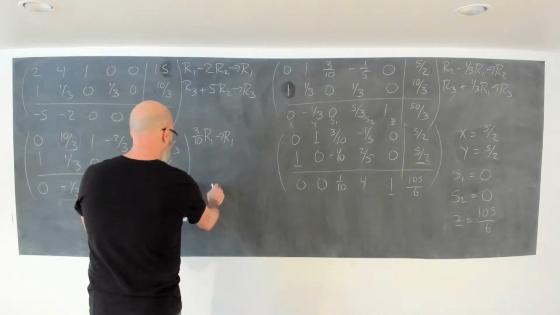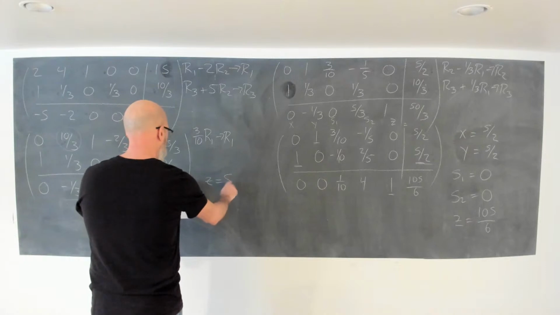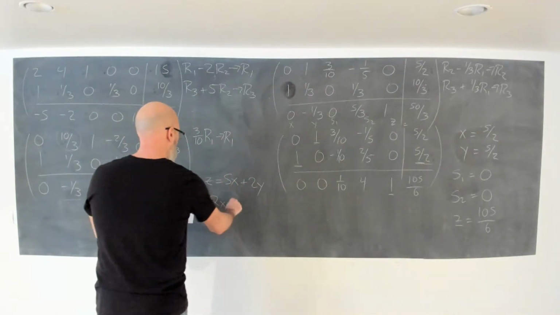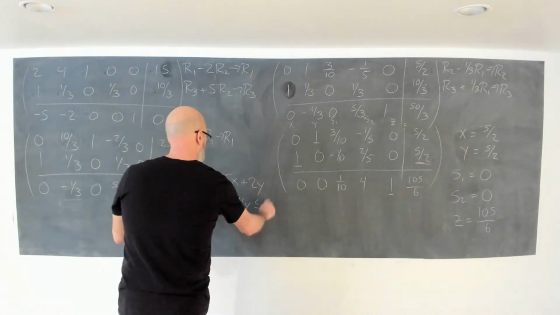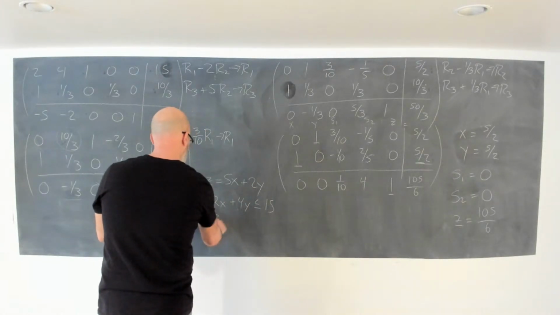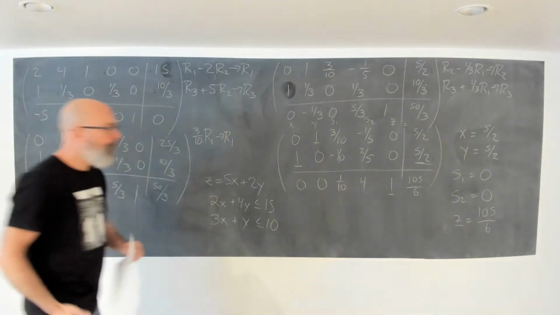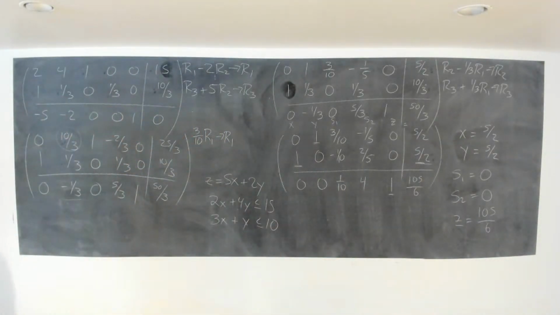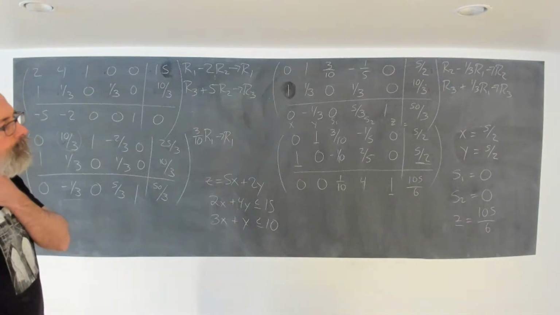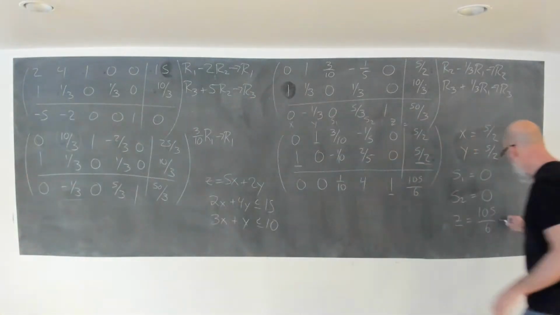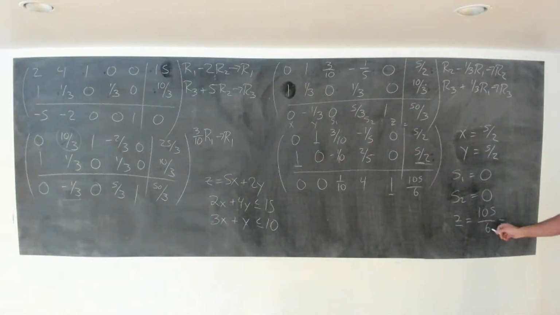The original question was Z equals 5x plus 2y, where 2x plus 4y... Well, I mean, 105/6, this simplifies, right? 3 divides this.